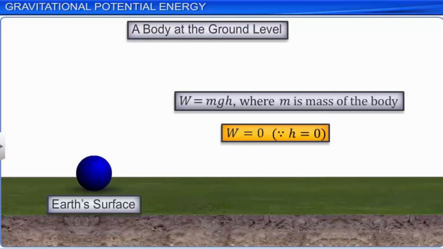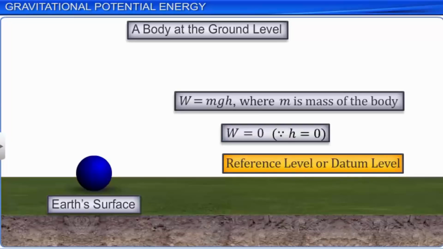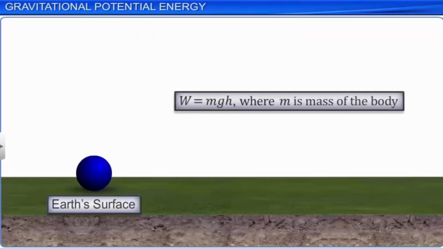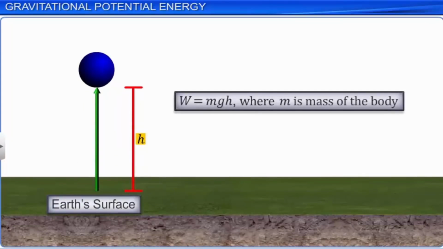Thus, the ground is taken as the reference level or the datum level. The work done on the body while lifting is stored in it in the form of gravitational potential energy. If the position of a body is changed by the application of a force, the change in the potential energy of the body is equal to the amount of work done on the body.